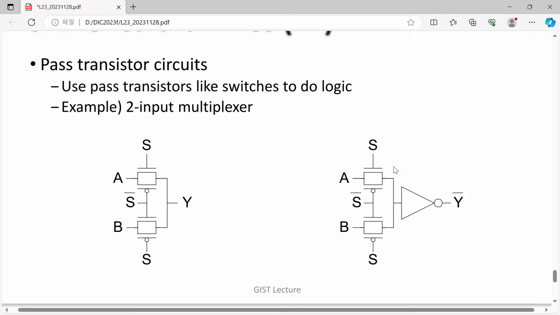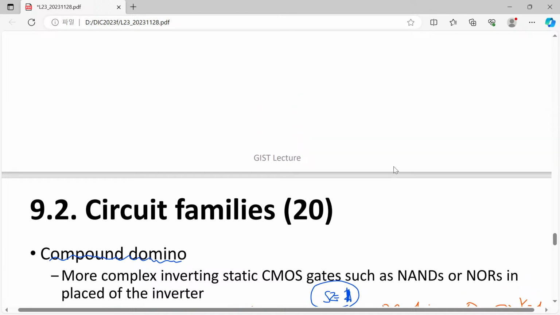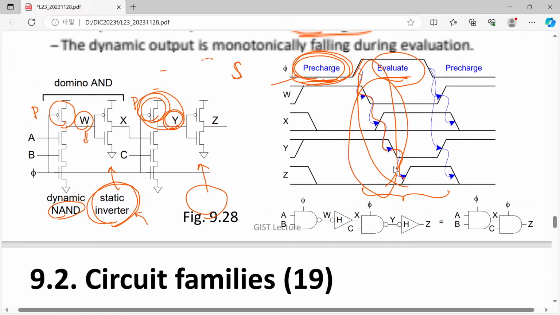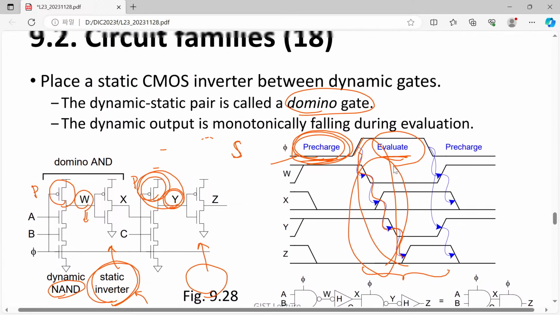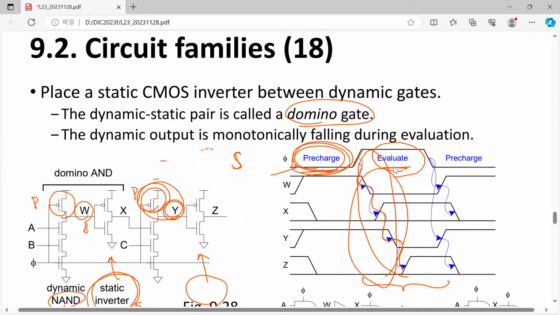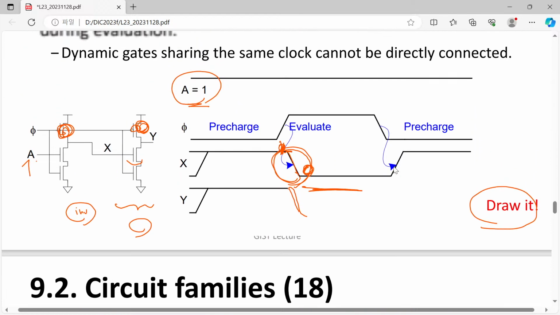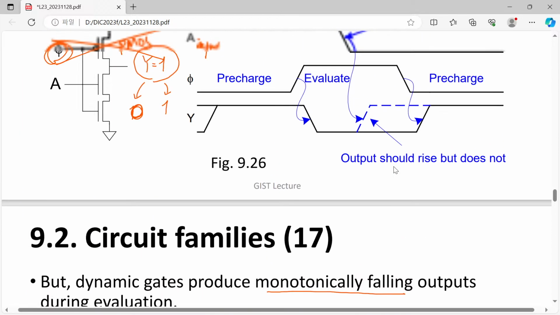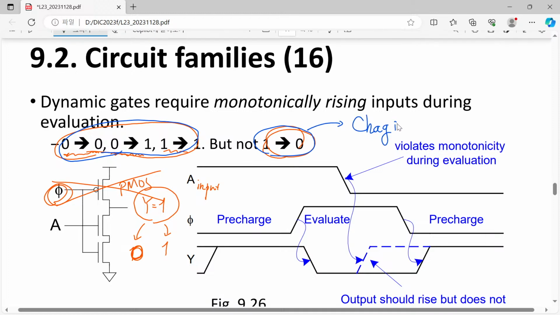Okay, so simply speaking, today's main topic was dynamic logic gates. It tries to pre-charge and evaluate. Since that is given as pre-charge and evaluate, it prefers to have some transitions. It has some preference for input signal, but this is not possible because this one dictates just charging again.